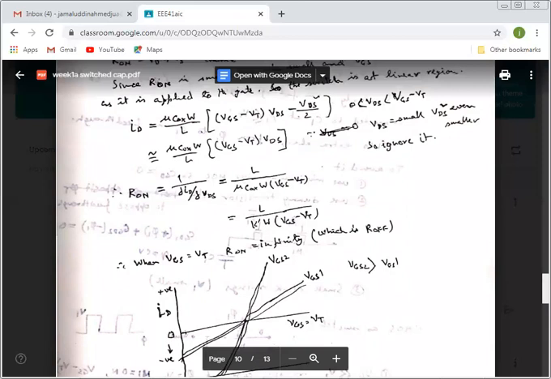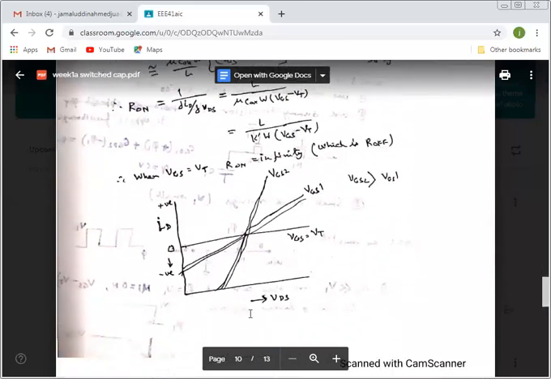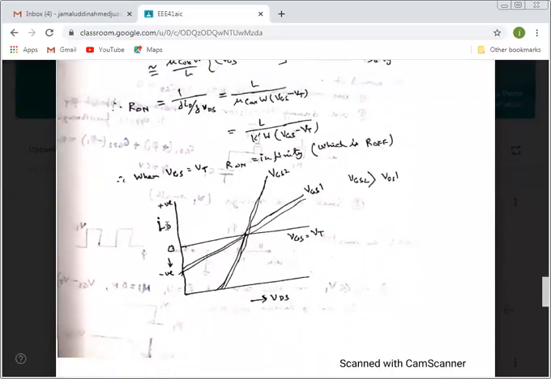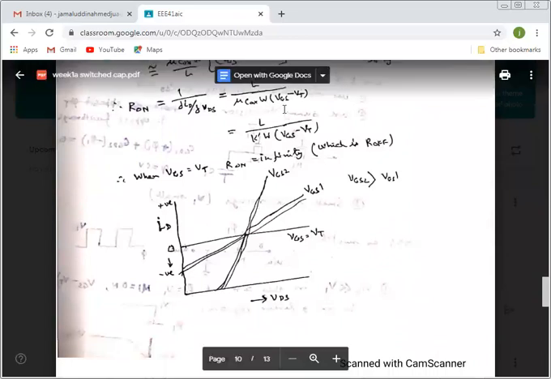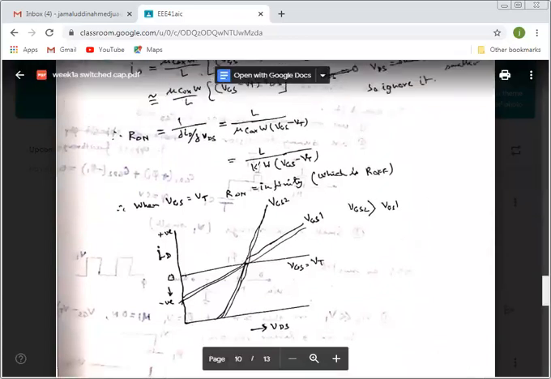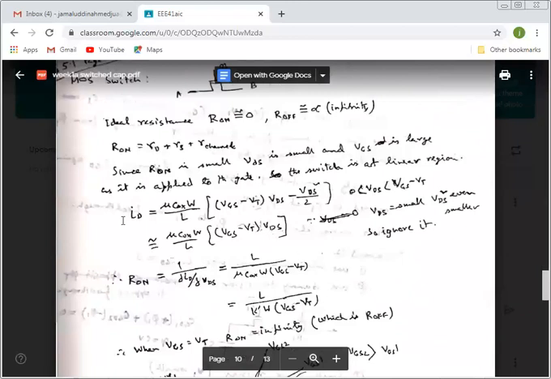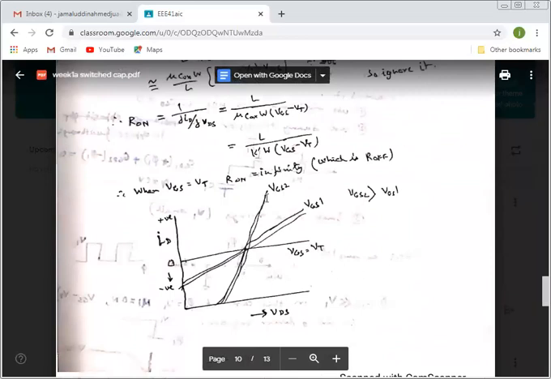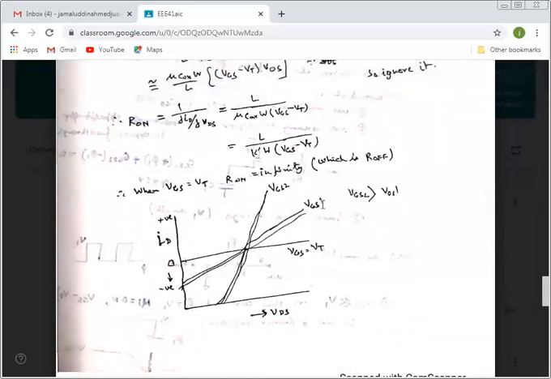And here we draw the curve. As VDS increases, I also increases, so VDS is linear to I. It's linear. If we have VGS1 and VGS2, with VGS2 greater than VGS1, I mean the gate voltage, if the gate voltage is higher, the characteristic curve becomes steeper.